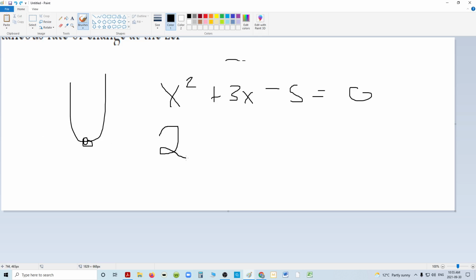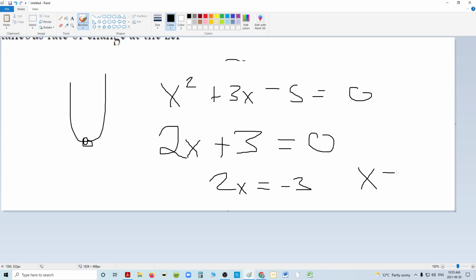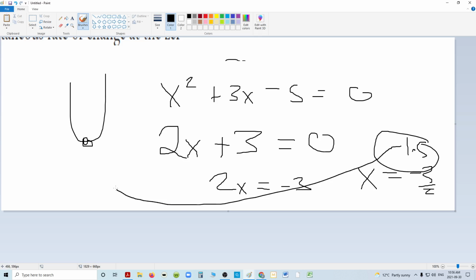Well, this is our formula that we come up with for this parabola. If we set that equal to 0, we can figure out what x is when the slope is 0. Well, 2x is equal to minus 3. x is equal to minus 3 over 2, which is minus 1.5, which means when x is minus 1.5, we will discover the vertex.